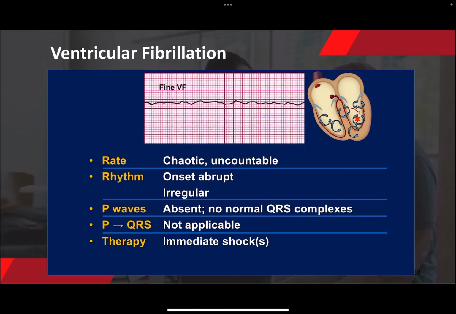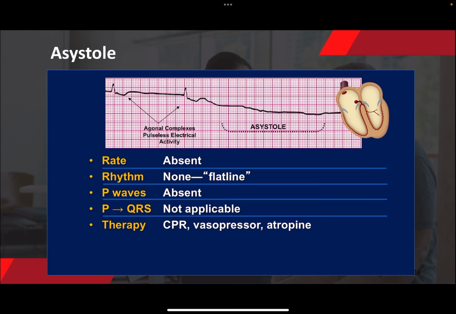Same thing, ventricular fibrillation: a chaotic line with no proper ventricular or atrial activity. Treatment would be an immediate shock. Everyone knows this one, asystole, a flat line. We don't shock the patient. It's just in the movies that they shock the patient and the patient comes back.